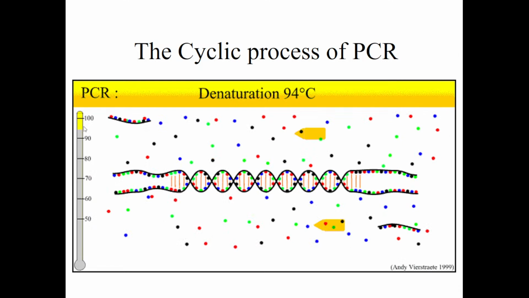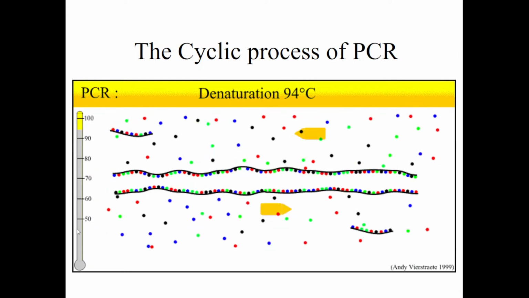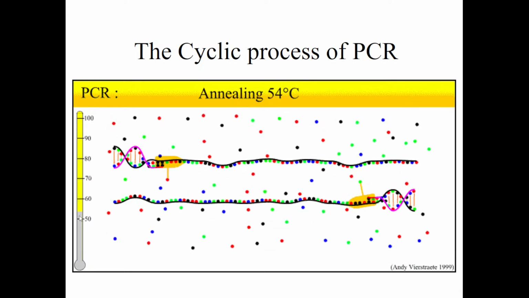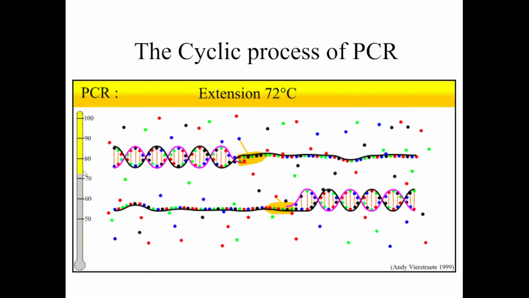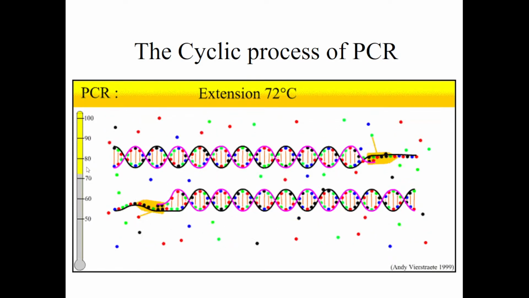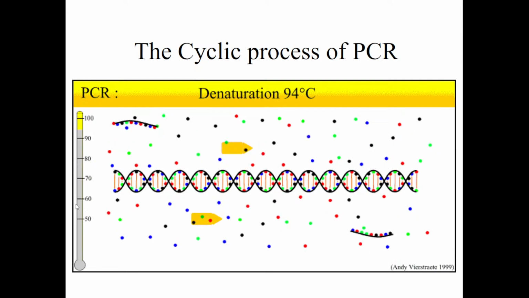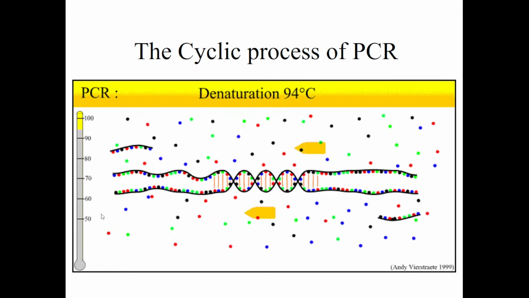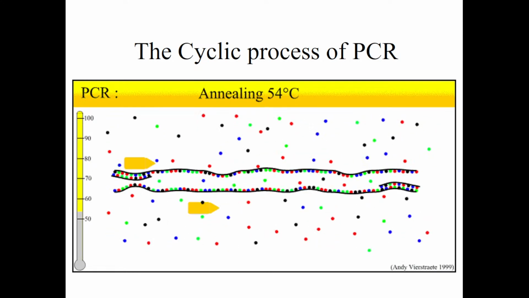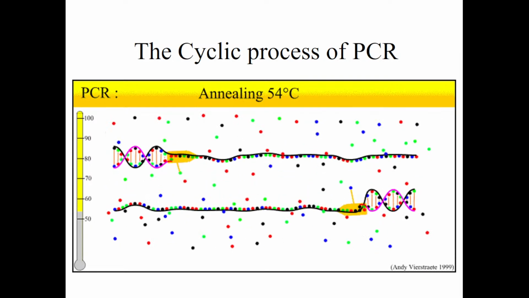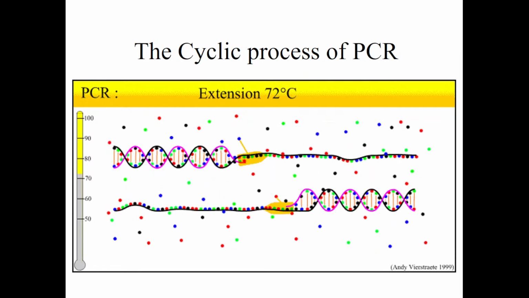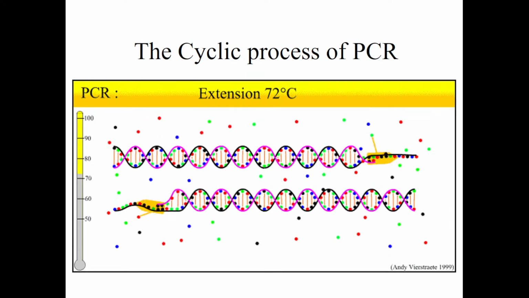Again, denaturation, annealing, binding of primers, and synthesis. And multiple repeats of these events lead to accumulation of the amplified product.